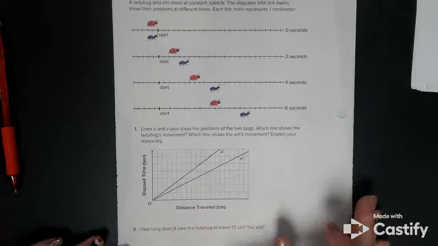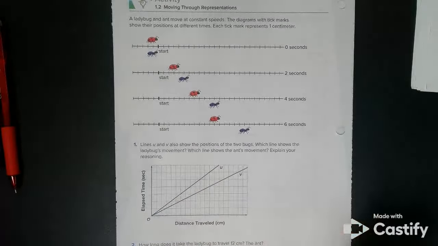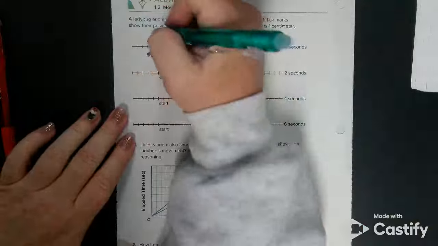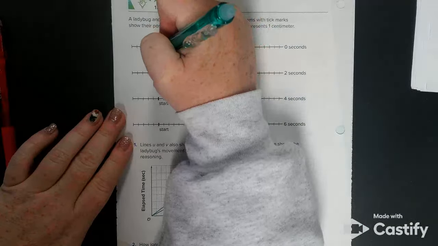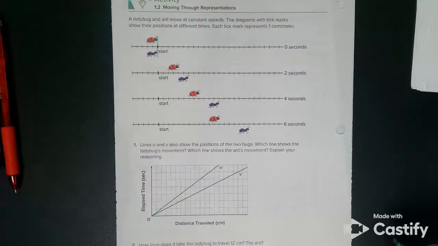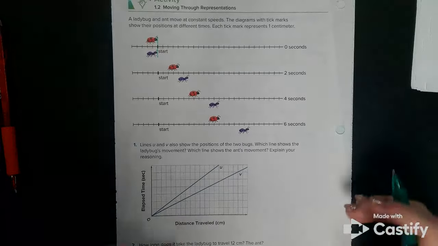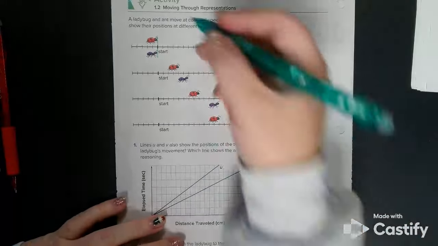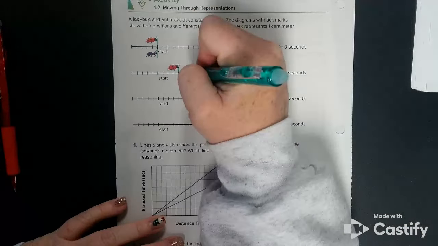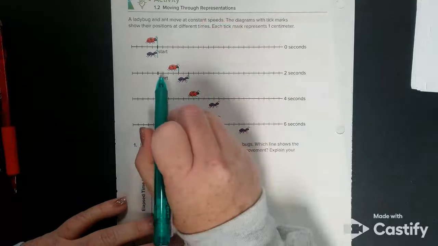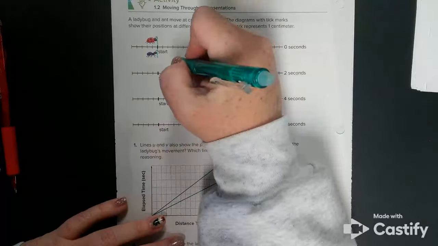On to the back. A ladybug and an ant move at a constant speed. The diagram with tick marks show their position at different times. Each tick mark represents 1 centimeter. So at the start, they're at the same spot. Looks like it's the tip of their noses. After 2 seconds, there's the ladybug, there's the ant. The ladybug is at 4.